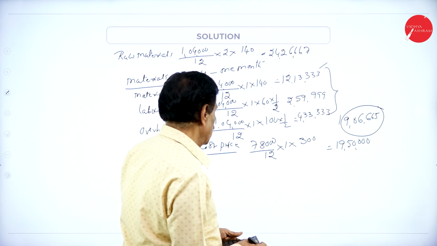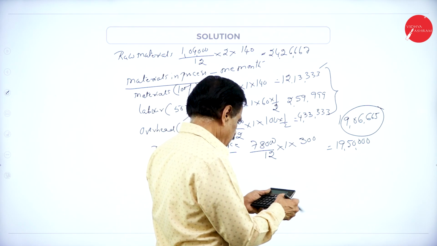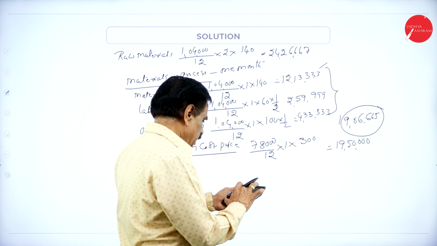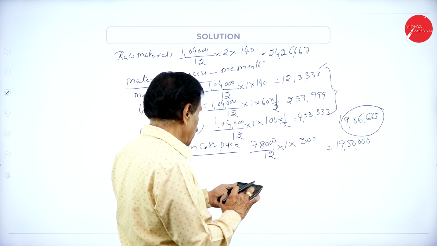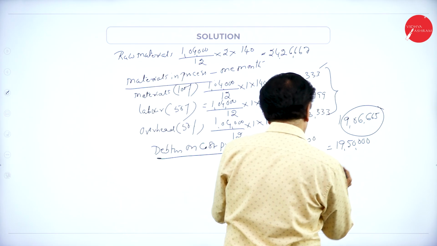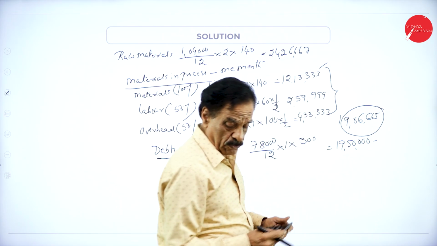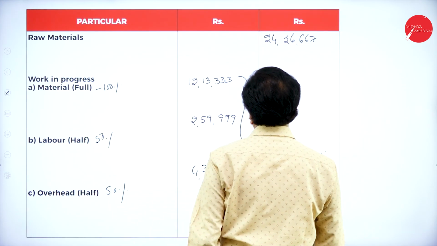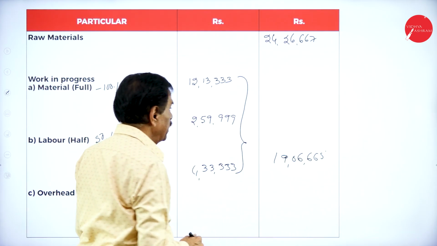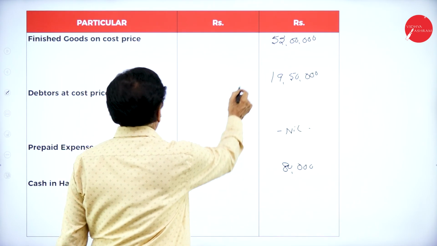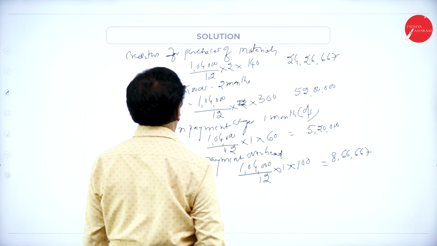Debtor 78,000 divided by 12 into 300, 19 lakh 50,000. So check everything is correct here. So 24 lakh 667. This is 19 lakh 6,665. This is finished goods, 52 lakh.